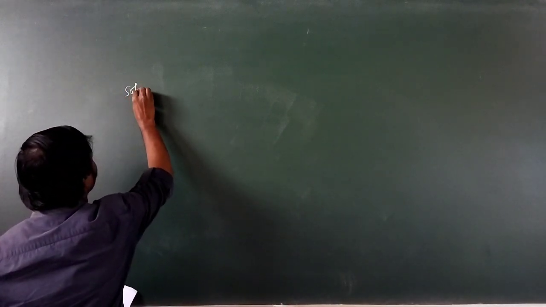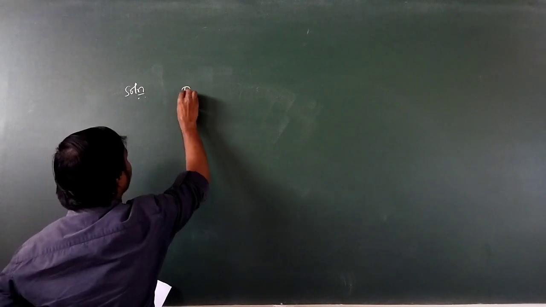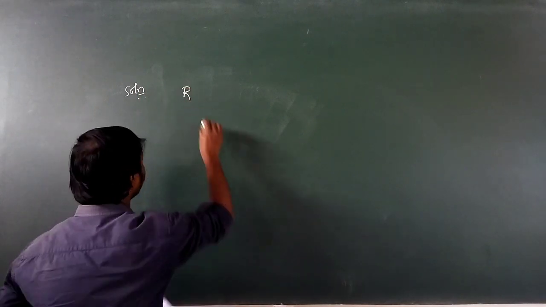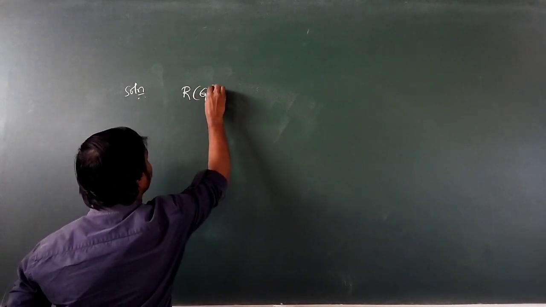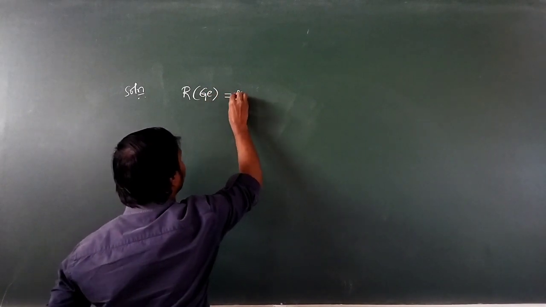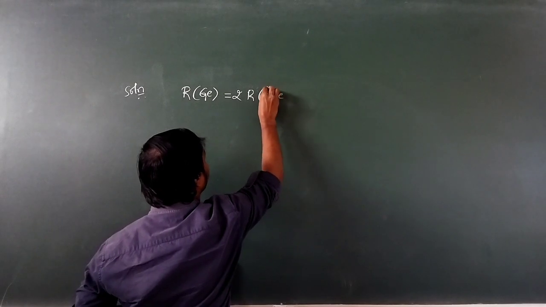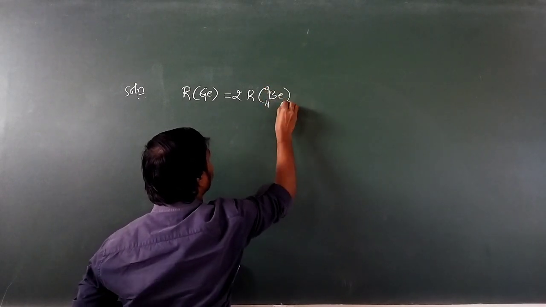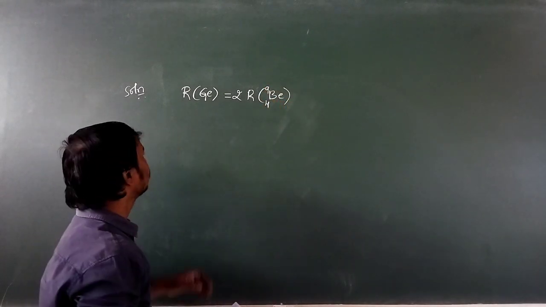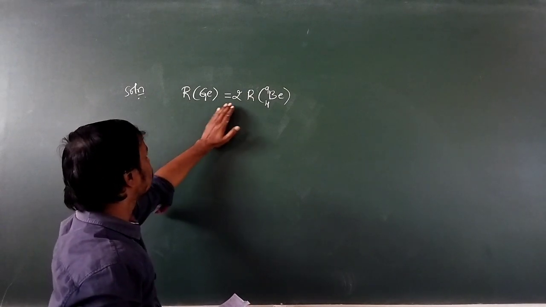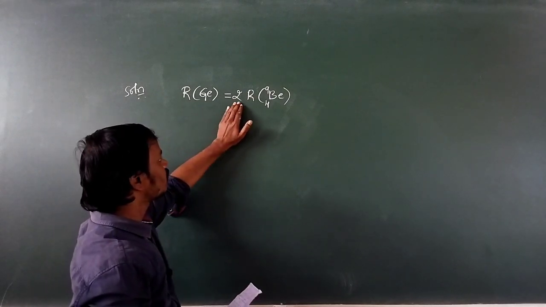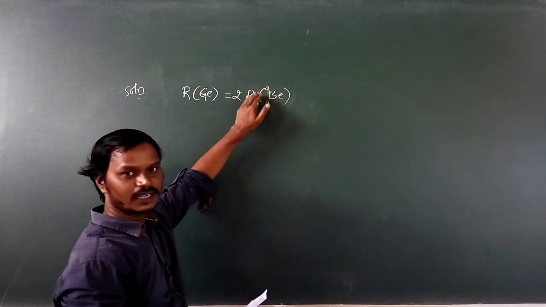Solution: the radius of germanium is twice the radius of beryllium 9-4.